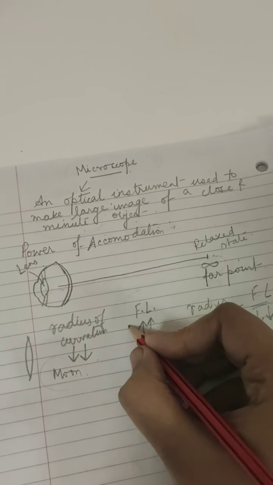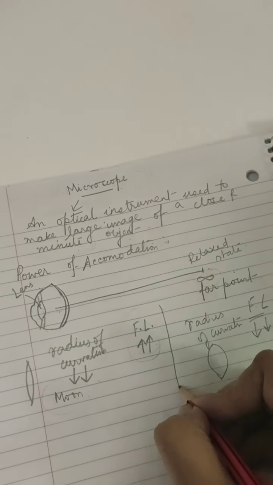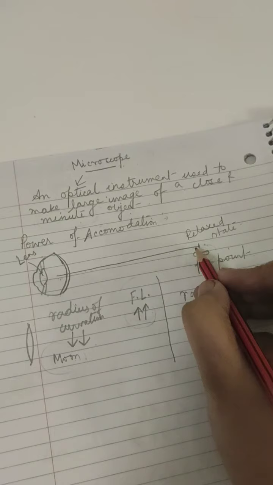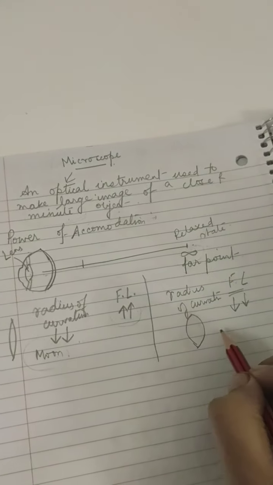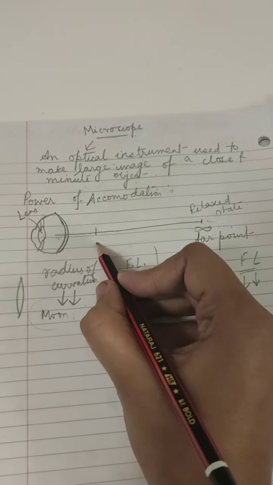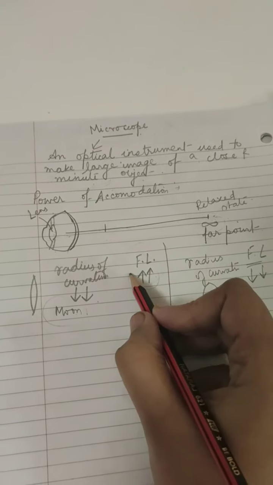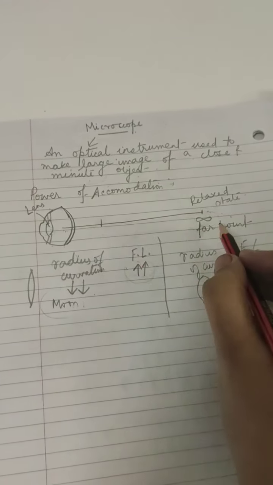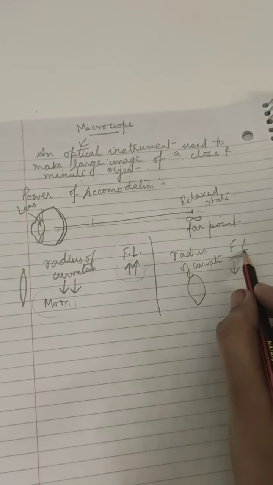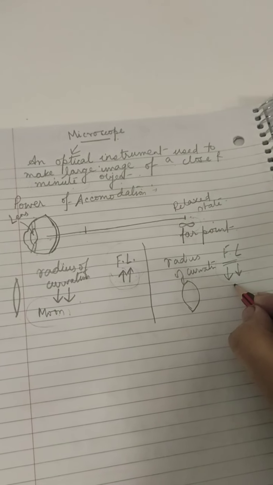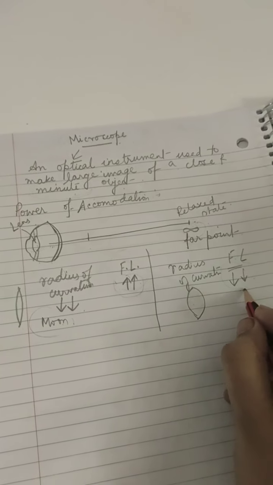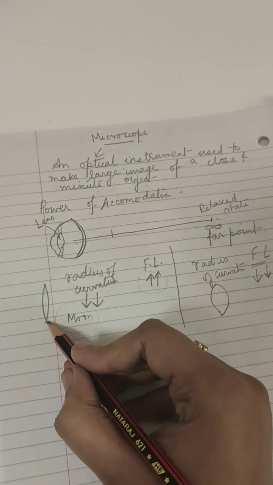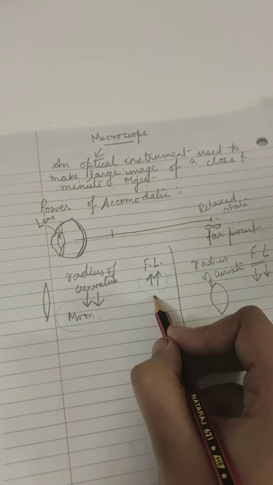So there are two cases: the moon at infinity, and threading a needle when it is closer to the eye. Radius of curvature is large, focal length becomes less. Radius of curvature is small, focal length is high.